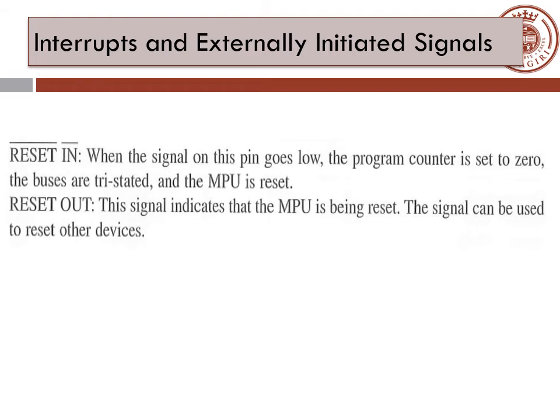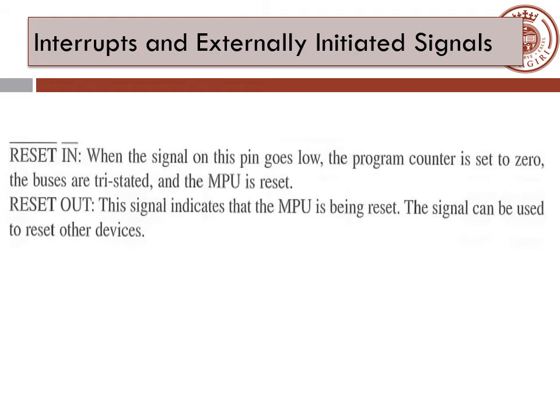Now coming to the next set of externally initiated signals, you have RESET IN and RESET OUT. RESET IN means that you are going to reset the microprocessor. It is an input signal, an input pin. It is an active low pin, which means that when you give a low value there, the processor gets reset and the program counter becomes 0.